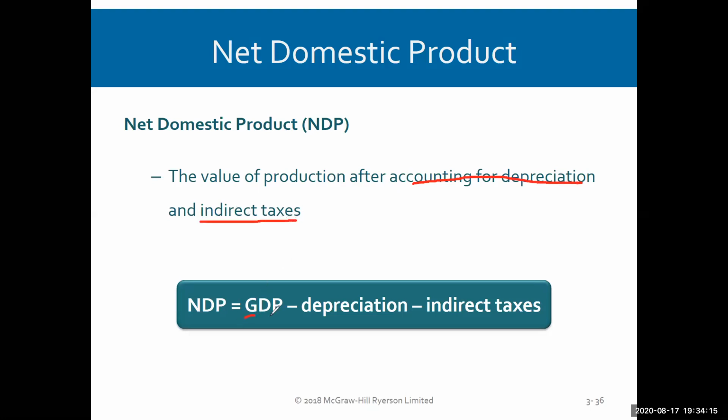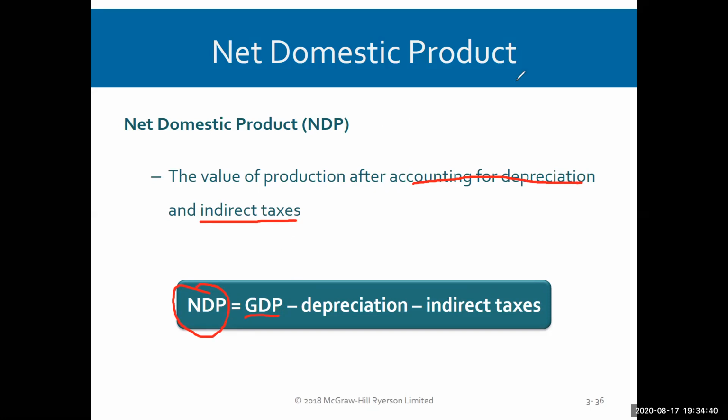If we take our gross domestic product number, remember that's C plus I plus government spending, G, plus net exports, X minus IM, and then we further subtract depreciation and indirect taxes, we end up at net domestic product.